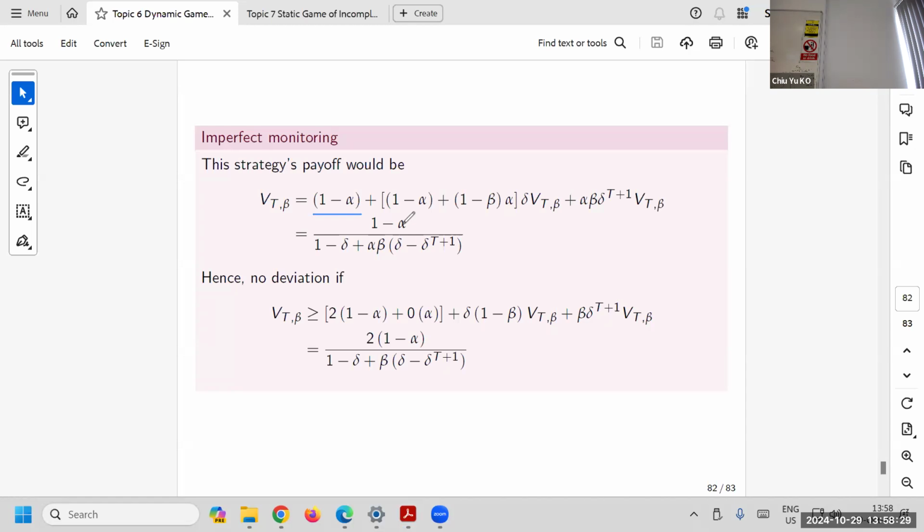If you collude, you set the price 1, in a good time, then you earn this profit 1 with probability 1 minus alpha. With probability alpha, you get 0, so it's just alpha times 0. That's the profit for this period. And if you continue next period, if you continue to collude according to equilibrium, if this is a good time, you also get 1 minus alpha.